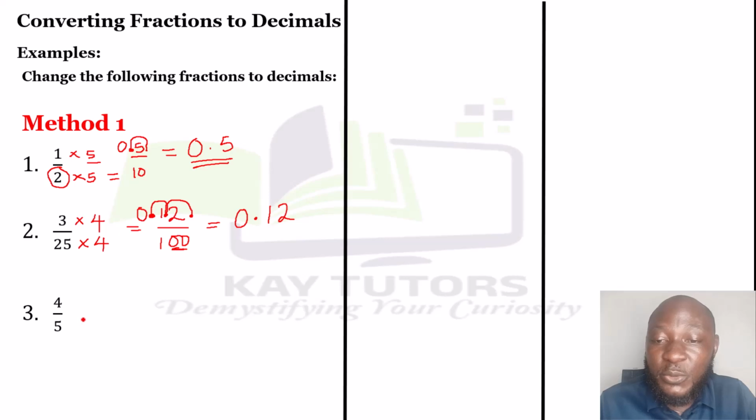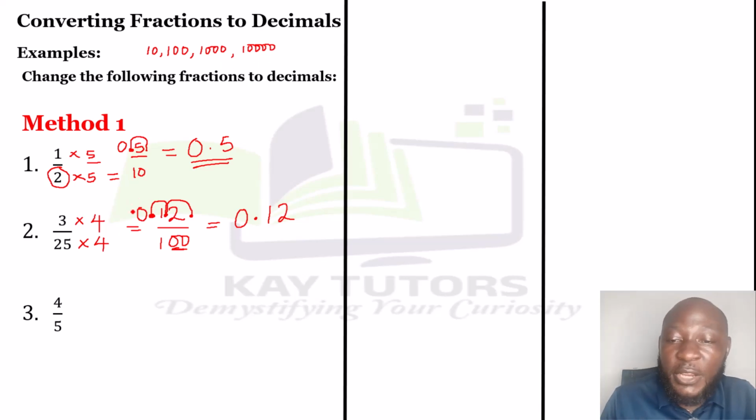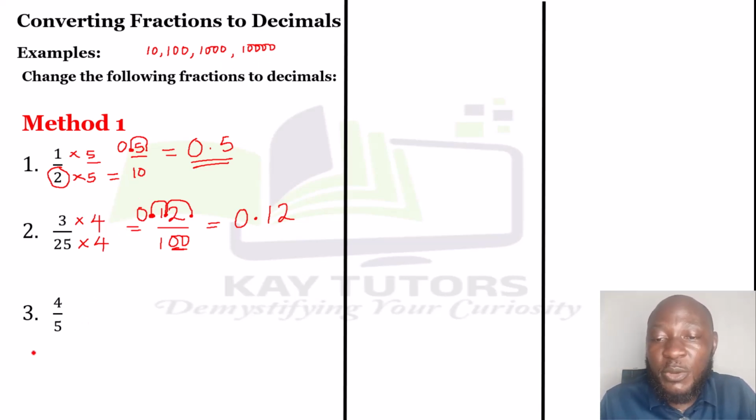Let's look at the last one here. This is very simple too. What will I multiply with 5 to give me 10? Let's look at this. It can either be 10, 100, 1,000, 10,000, and so on. And remember, what you do to the denominator, you must do to the numerator.